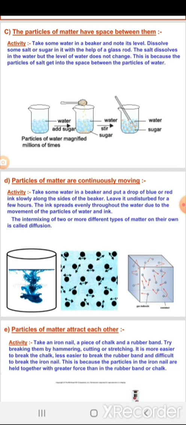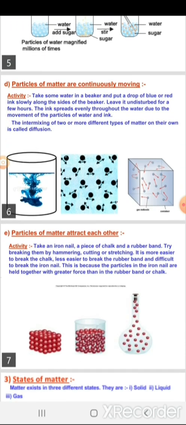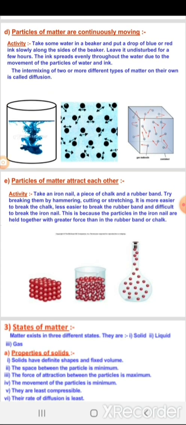The salt dissolves in the water, but the level of water does not change. This is because the particles of salt get into the space between the particles of water. This activity is similar to the first property. Now let's discuss the next property, which states that particles of matter are continuously moving.